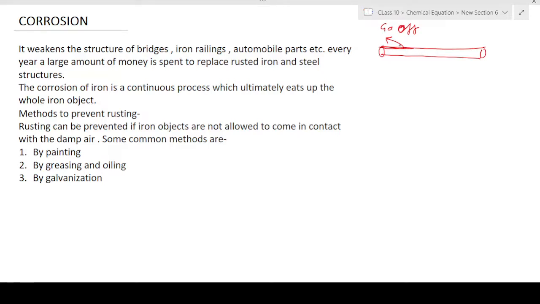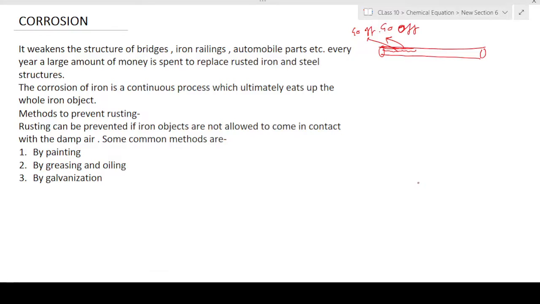So when it goes off, it will expose the lower layer, then again it will go off. In this manner, this process goes on forever. It is a continuous process. So at the end of this process, the whole metal is eaten away basically.